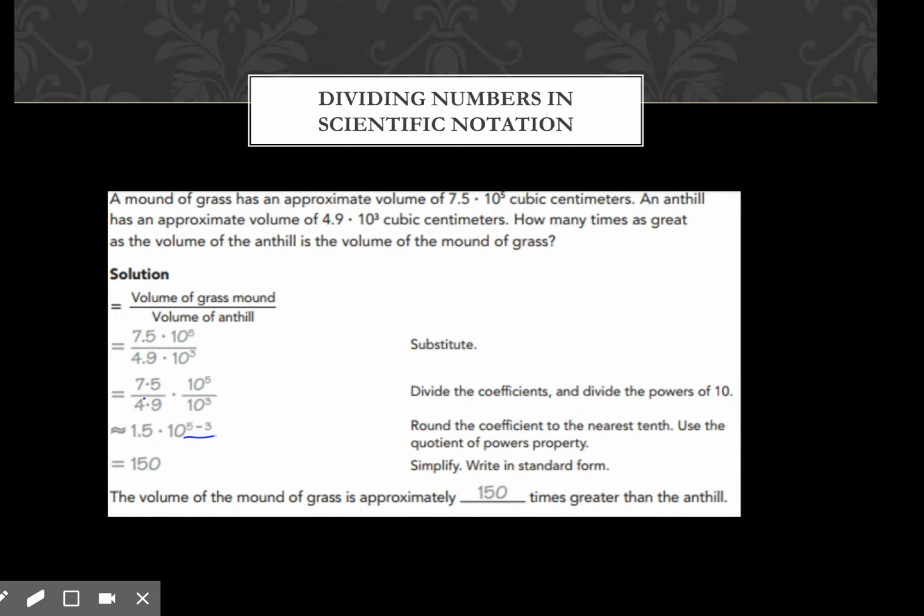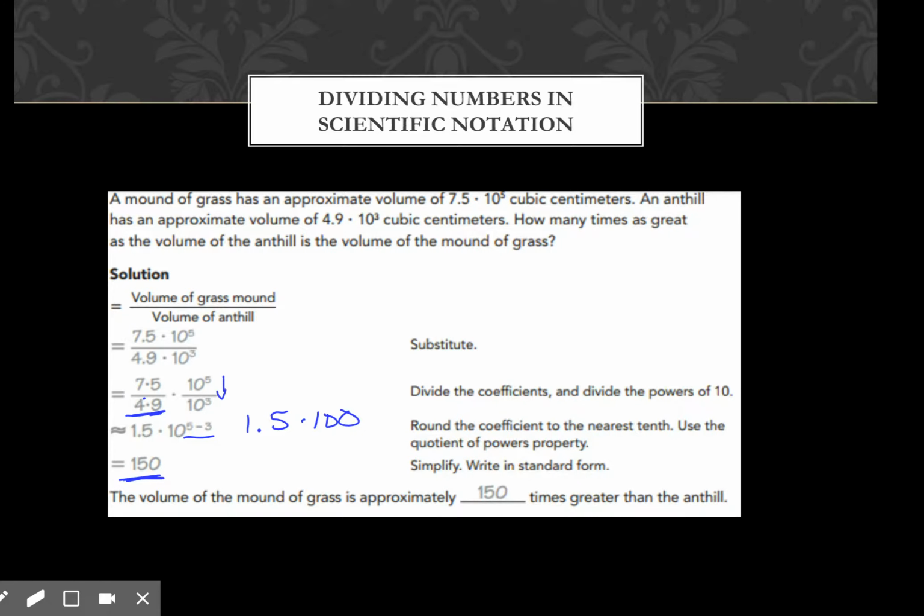So 1.5 times 10 to the 5th minus 3 would be 1.5 times 10 squared. They actually evaluated it and made it 150 because that would be 1.5 times 100. So you're just dividing your coefficients and then using the quotient of powers property to do that.